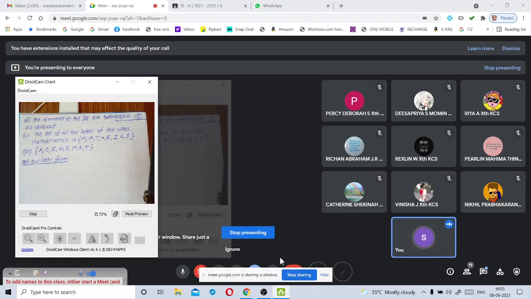Set builder form, or this is also called rule form. In this method, please remember these points, my dear children, when you are writing a set in the set builder form. Listen carefully.